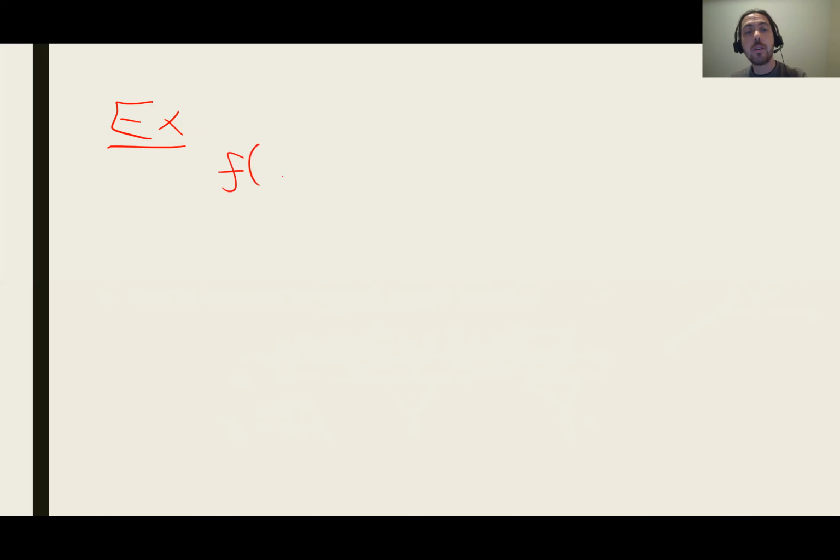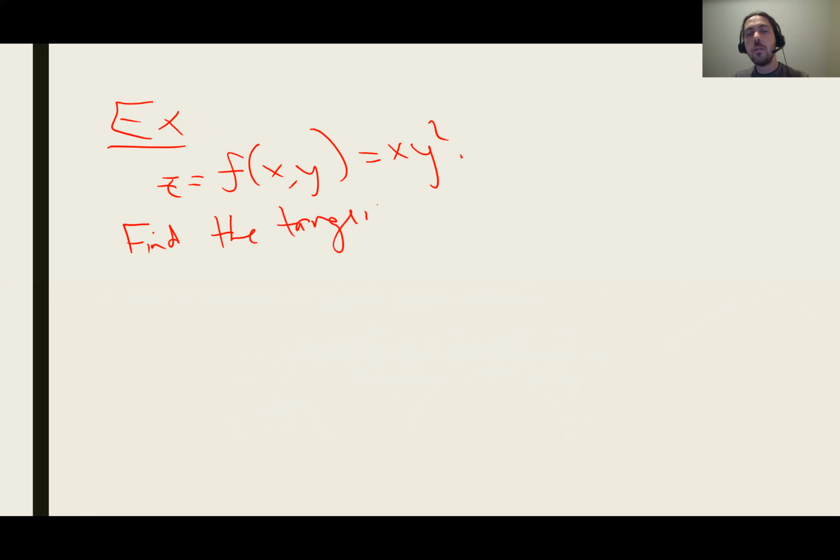So let's write a function f of x, y is equal to xy squared. So that's the graph of the function if we set it equal to z. And let's find the tangent plane at x, y is equal to 3, 1, like so.